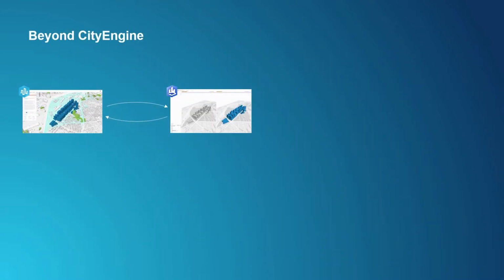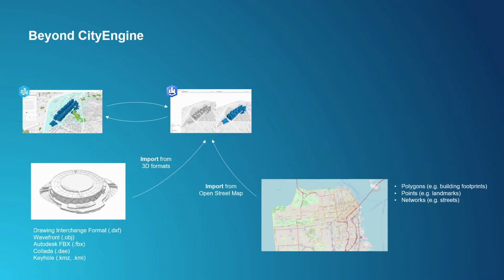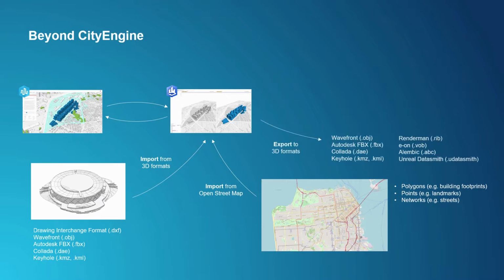One of the main reasons to connect, for people to not just use Urban, is that the power of CityEngine is that you can bring all sorts of 3D data into CityEngine, and then bring it into Urban or do whatever with it. That's one part. Then from CityEngine, you can also bring in other 2D data, but especially you can use it to export to other 3D formats.